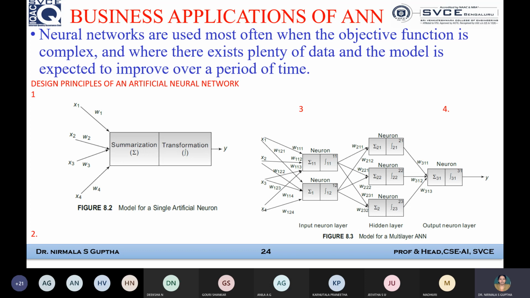X1, X2, X3, X4 are the inputs, and weights are assigned to each of the inputs: W111, W121, W122, W123, W124, W112, W113, W114.